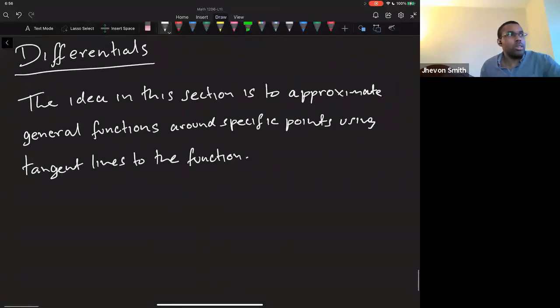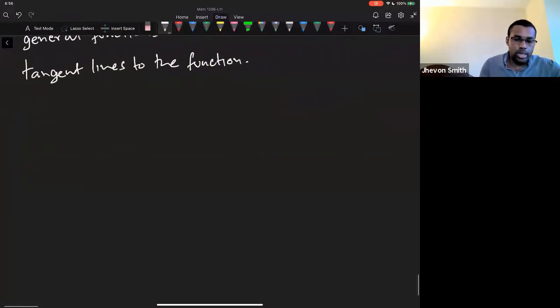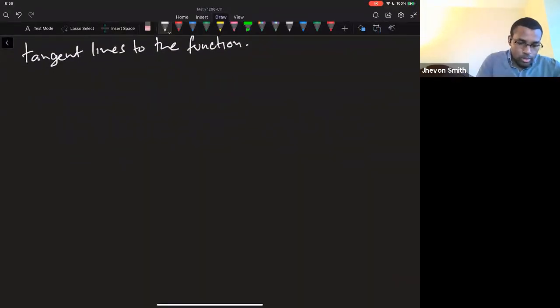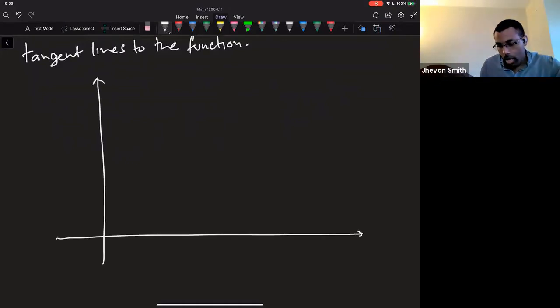And that's where the phrase linear approximation comes in. You're approximating the function with a linear function, a line, specifically the tangent line. So that's where you get the name linear approximation from. The idea is we have a function which may be super duper complicated, in the sense that we don't even know what the function will be doing.